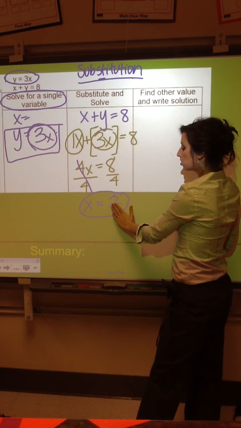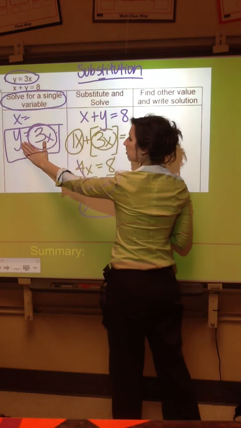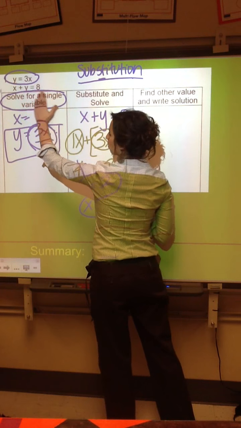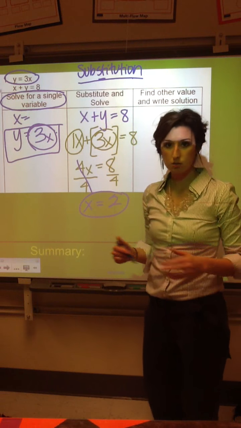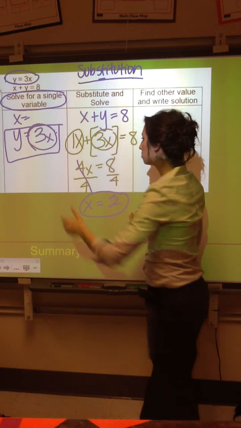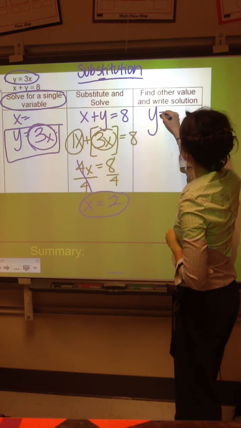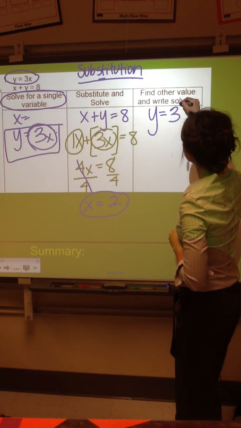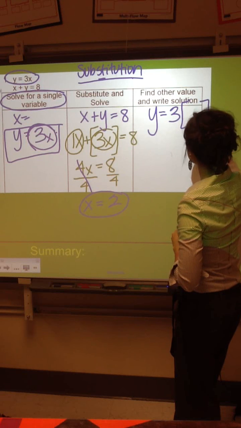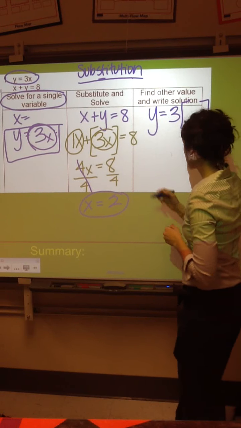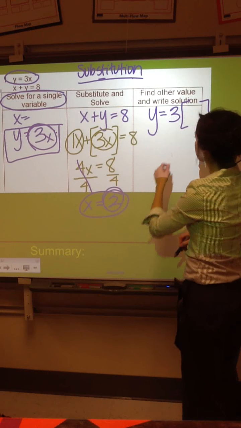So because x is 2, we could use this. We could also go back and use this original equation. It doesn't matter which one you pick. Either one, okay? I'm just going to use this one. It seems a little bit easier. So I'm going to write y equals 3. Here's my brackets again. Anytime that I'm substituting, I'm going to put it in brackets. And what is my new x term?